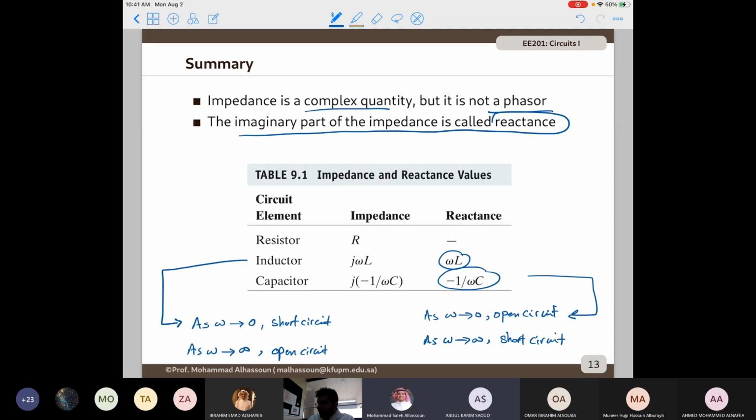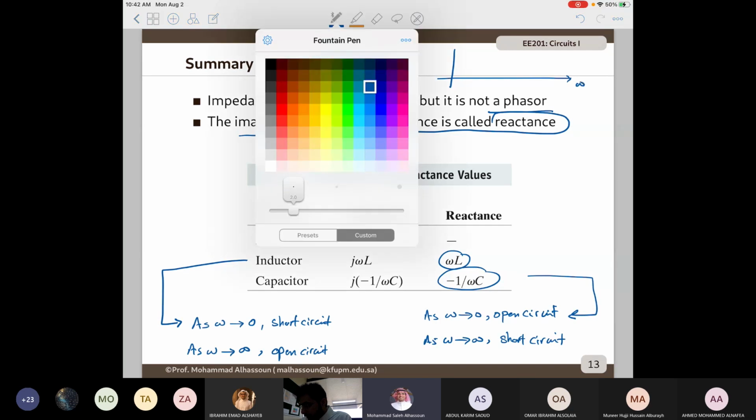Okay. So think about it this way. Let's take an example. If you have the following circuit, this is a voltage source, this is a resistor, this is an inductor. Your output is the voltage across the inductor, and you plot it with respect to frequency.